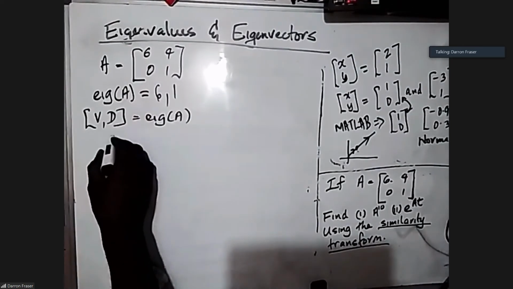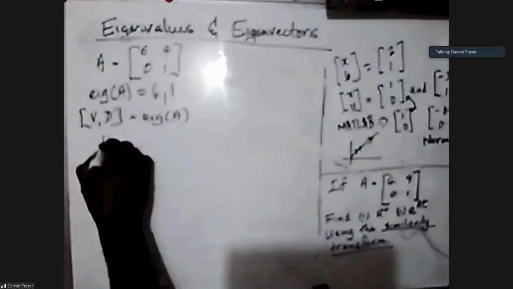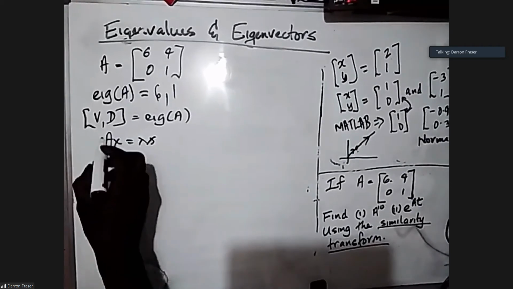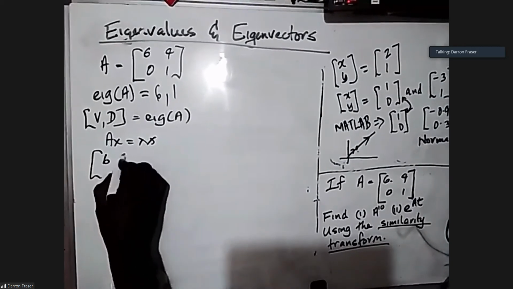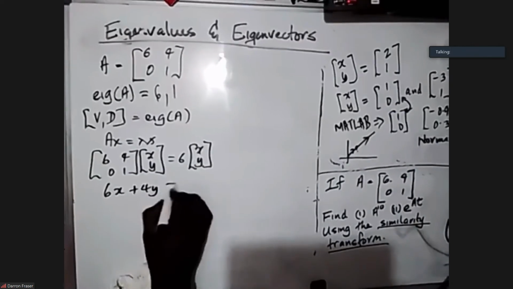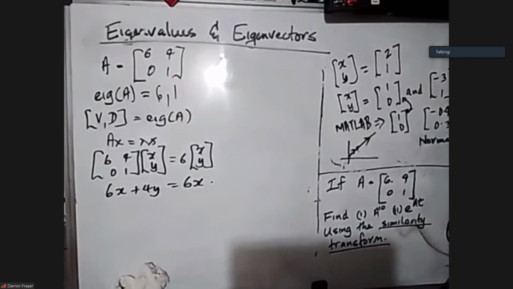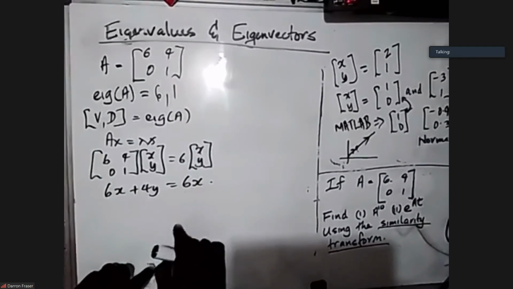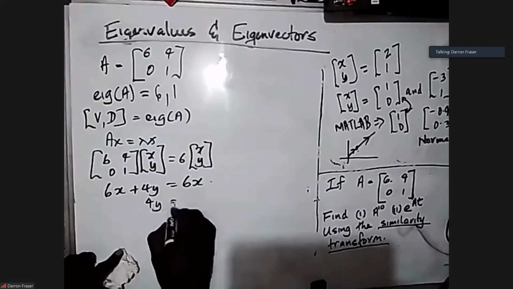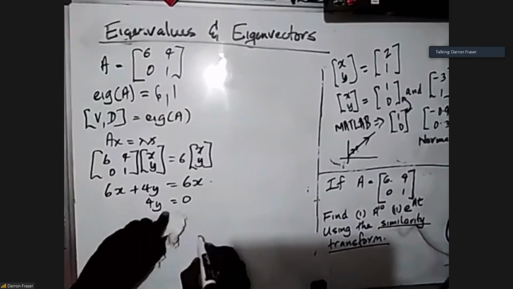So Ax = lambda x, with 6, 4, 0, 1 times x, y. This gives 6x plus 4y equals 6x. So 4y equals 0, so y equals 0.